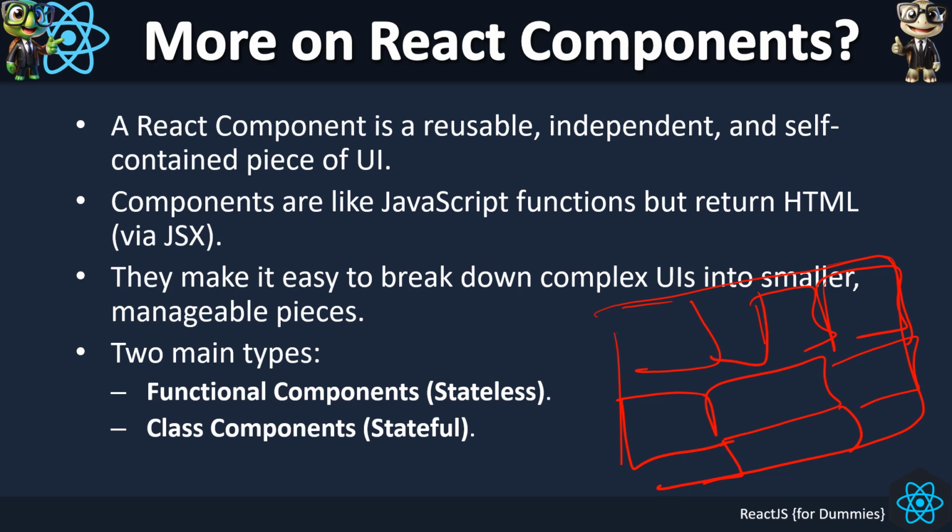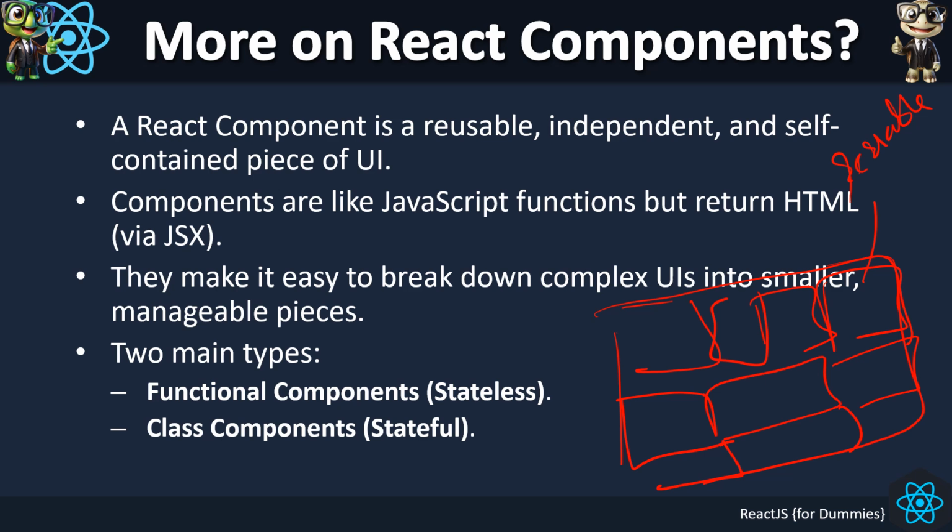That way you have much more control of your application, and then you have something called reusable components, which means you can reuse these same components multiple times within an app or in other applications as well. So instead of writing everything in one big messy file, you create independent self-contained blocks of UI that do one thing and do it well.